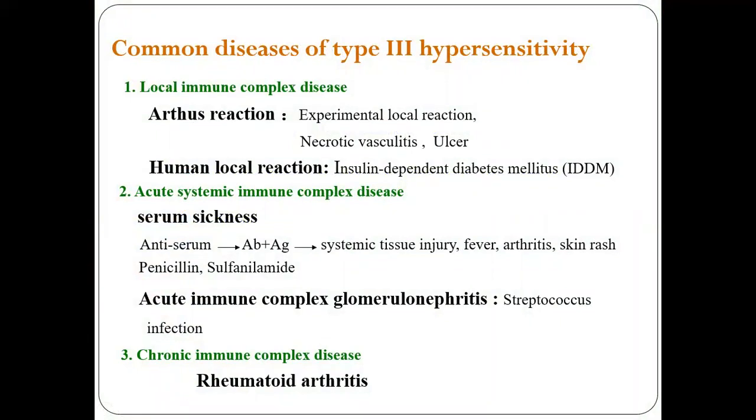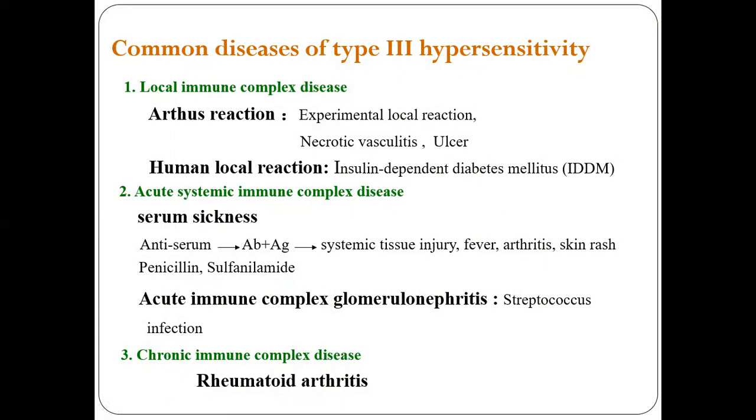These are the common diseases that occur in type 3 hypersensitivity reaction, that is local immune complex disease, Arthus reaction, and then human local reaction, that is insulin dependent diabetes mellitus, and acute systemic immune complex diseases like serum sickness. Here the serum sickness is formed by injection of anti-serum.